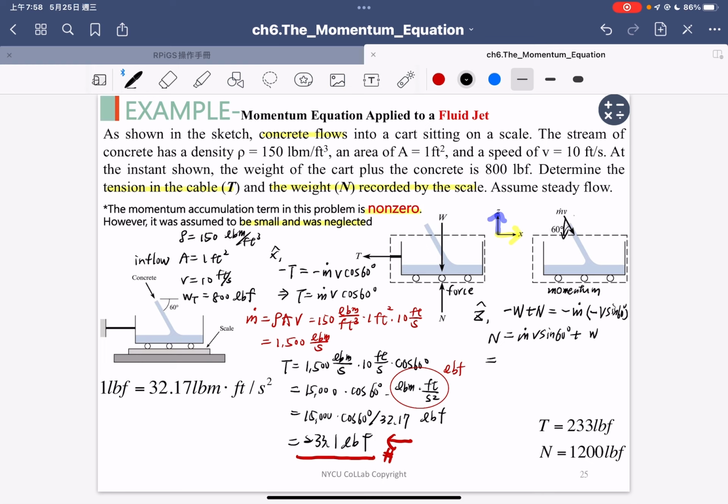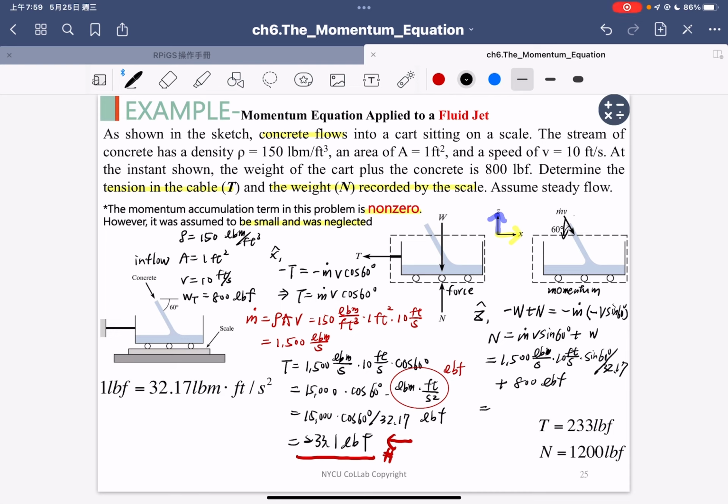Putting in the numbers: the mass flow rate is 1500 pound mass per second, the velocity is 10 feet per second, multiplied by sine 60 degrees, and we convert into pound force by dividing by 32.17, and plus the weight of 800 pound force.